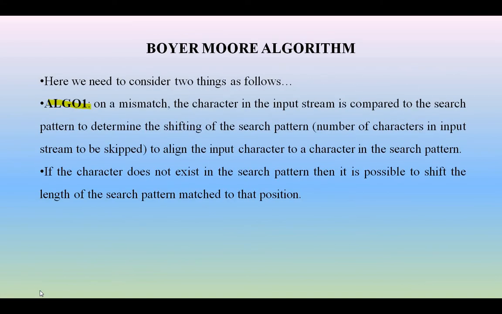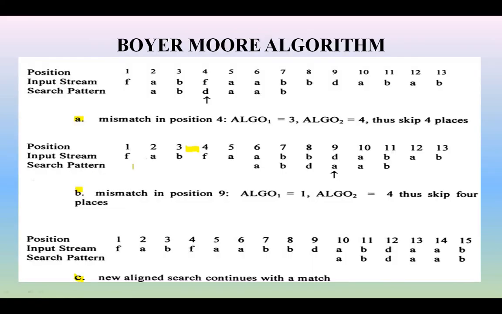Let us see this example, then you can clearly understand this Boyer-Moore algorithm. This is the particular place, search pattern A, B, D and A, B. Here we started at position 2, and we are going to compare from right to left.